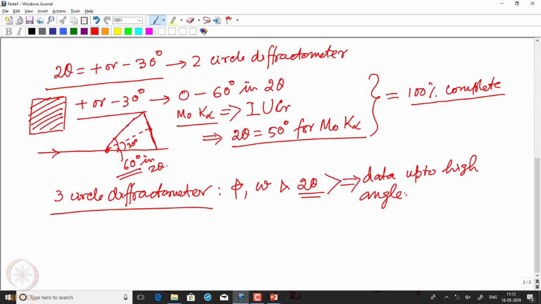So this type of diffractometer can be used for any advanced applications which require high resolution data, that is high angle X-ray diffraction data. The 4-circle diffractometer is the latest introduction where you can change all 4: phi, omega, 2 theta and also kappa, allowing a reduction in the data collection time.